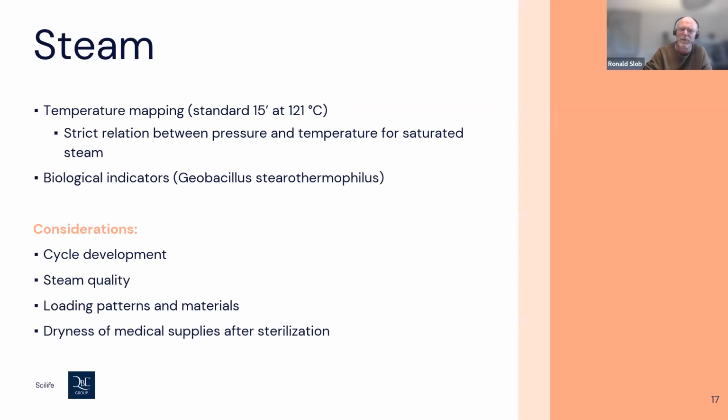So those are the considerations for steam, and then there's the cycle development. You have different kinds of processes you can run. Your steam quality is very important, because your supply should be a very high quality of steam to do its job within the sterilizer itself. Then loading patterns and materials.